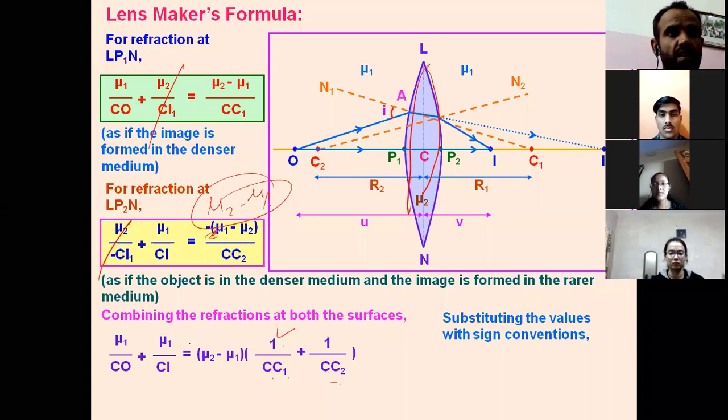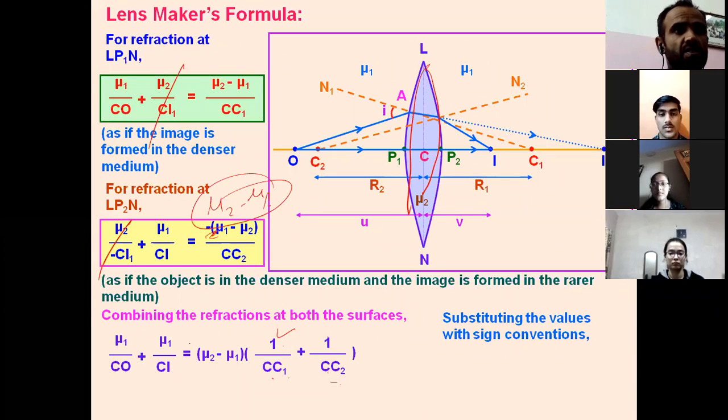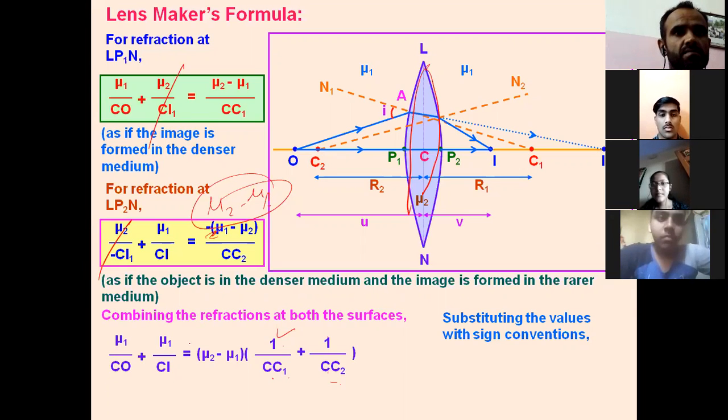So substituting the value with sign conventions, CO क्या होगा बेटे? ऑब्जेक्ट का डिस्टेंस U, क्या हो जाएगा? CO U. ओके, CI क्या हो जाएगा? V. 1 C1 क्या होगा? R1. And what about CC2?